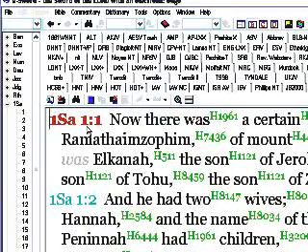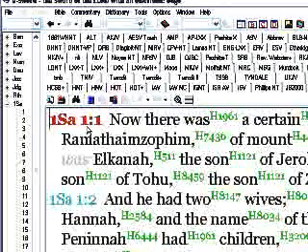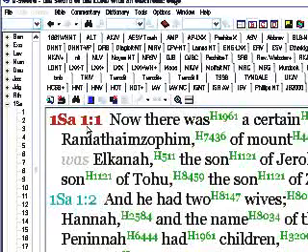Also the additions to chapter 7, this would be 7, verses 13 to 17. And that's about it. If I run into any more, I'll be sure to let you know.